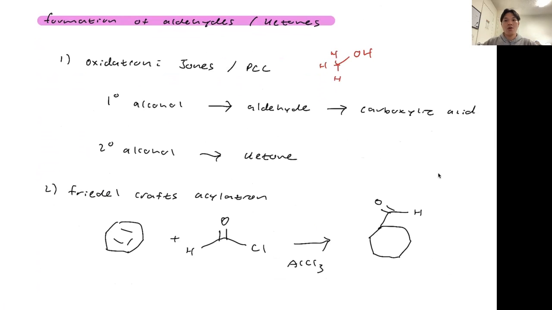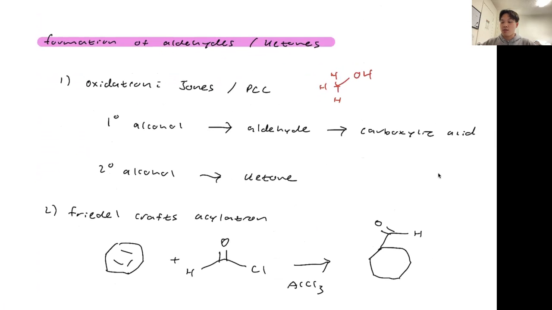If you use an oxidation reagent like Jones or PCC, you can make an aldehyde. You would use PCC because Jones is a little stronger. If you react a primary alcohol with PCC, you're going to get an aldehyde.